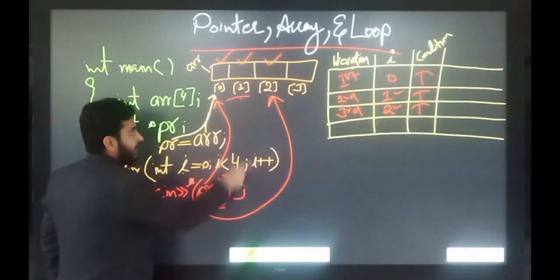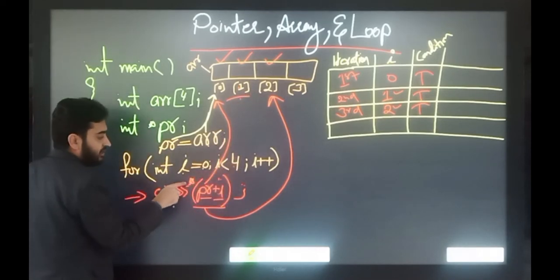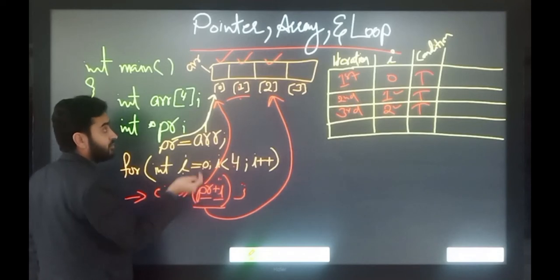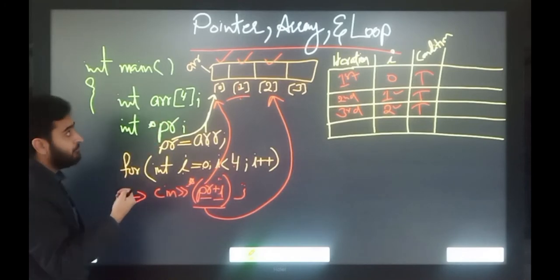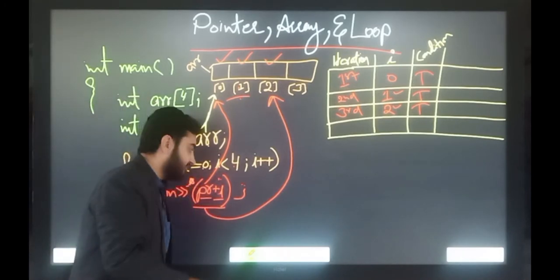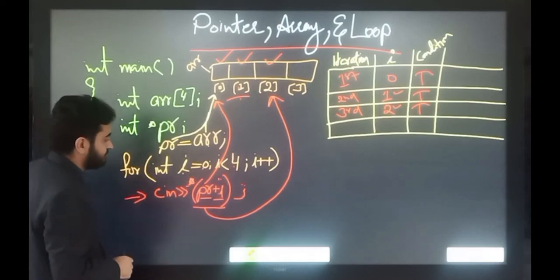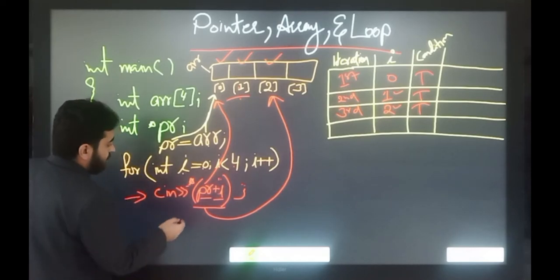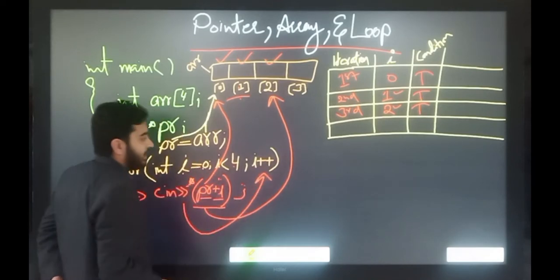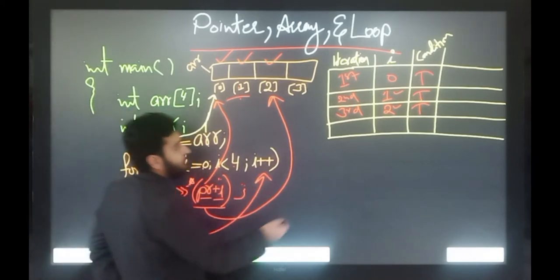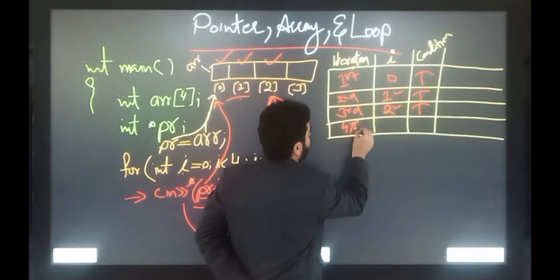So this is the address of the third location, and we are dereferencing that, so it means that we are going to initialize the values. We can also make it cout so that we may fetch the value inside that location.